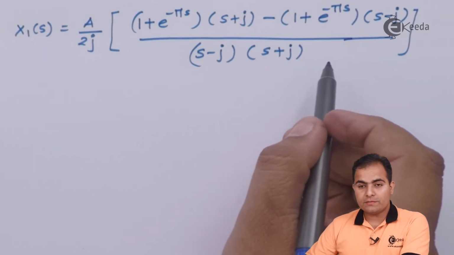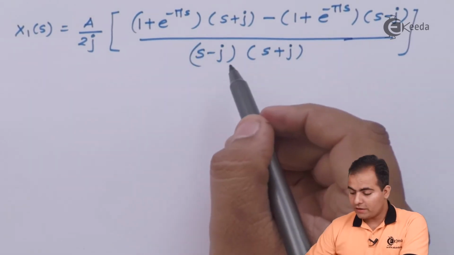Now I have just cross multiplied the denominators with the numerators, and this is the result I have got.